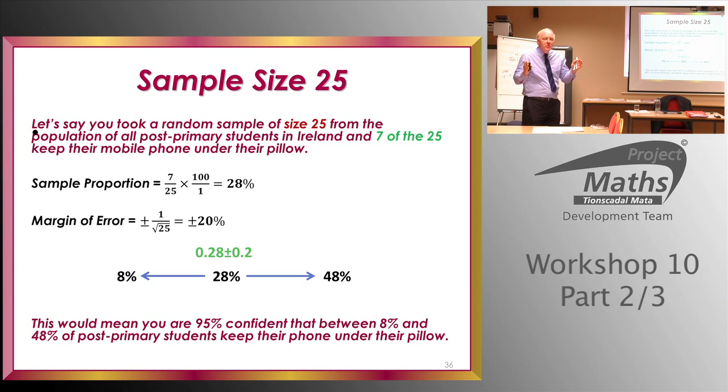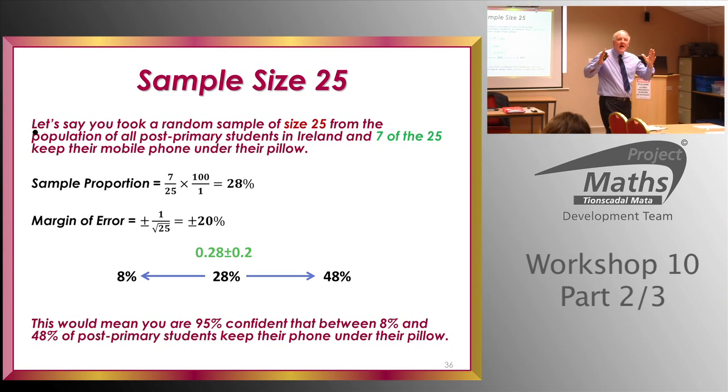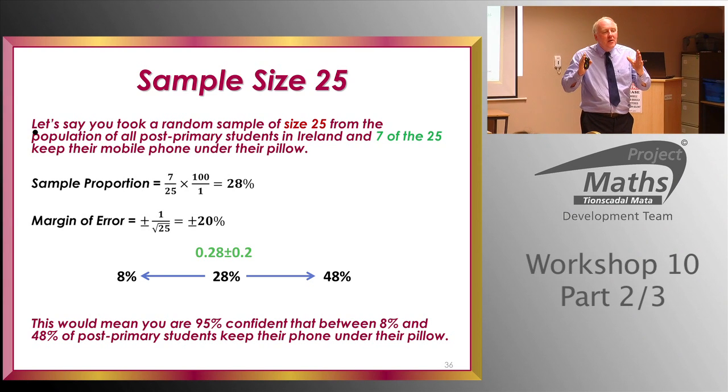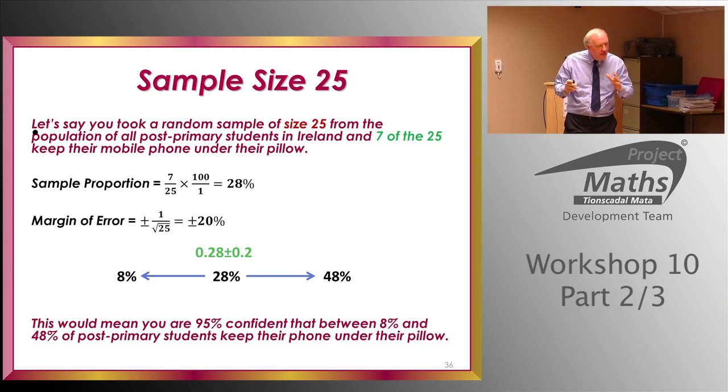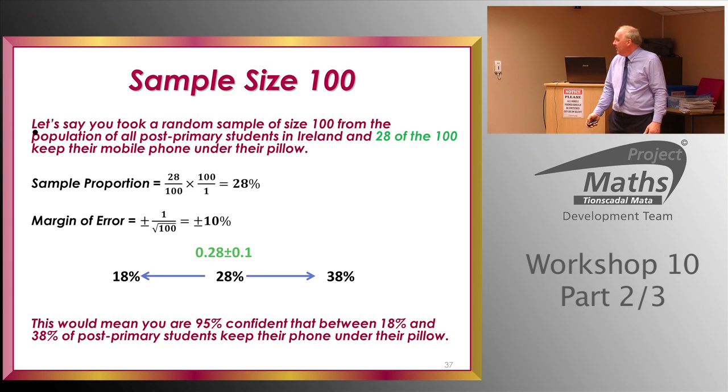It's still a very wide limit, isn't it? My confidence is still at 95%. So how can I narrow the limit a little bit? By taking a larger sample size. If I go up and do the same thing for 100, I'm going from 18 to 38, so I've narrowed it much.